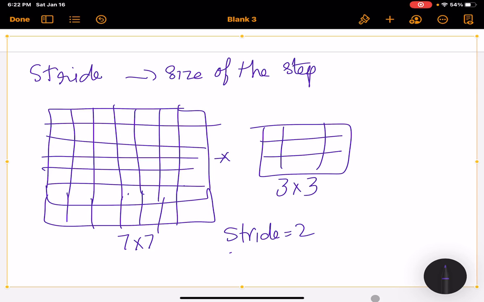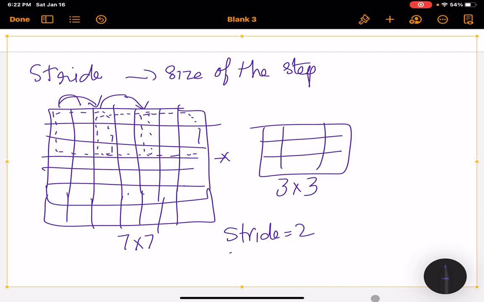So my first layer would be this, right? Since I have a stride of 2, the size of my step would be 2. That means I would jump to this position, so my next operation will be done on this set of pixels, and then it jumps to here, and my next operation will be done on this set of pixels.